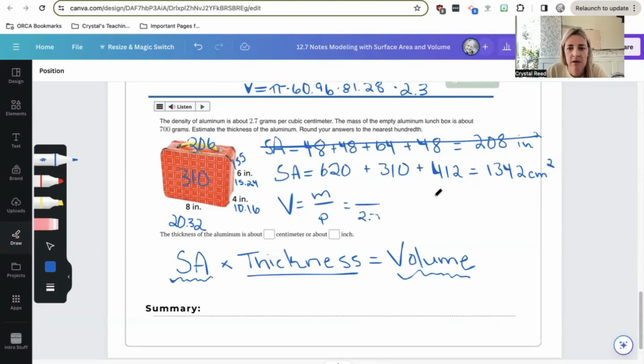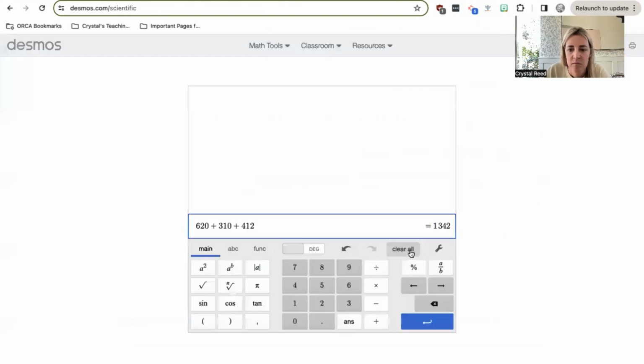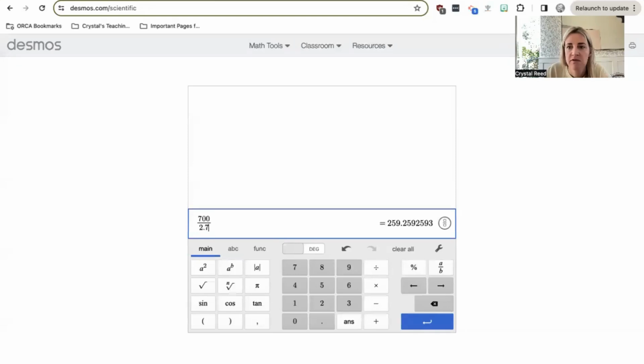The mass of the lunchbox is 700 grams. So 700 divided by 2.7. This is an empty lunchbox, so that's why we just want the volume for the empty portion. 259.2, so 259.